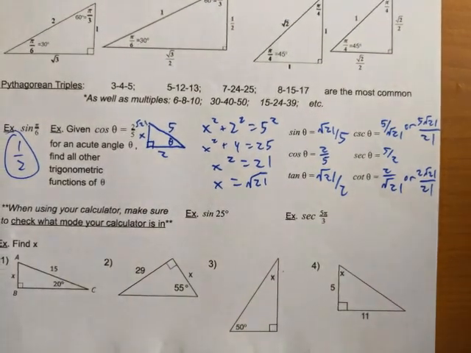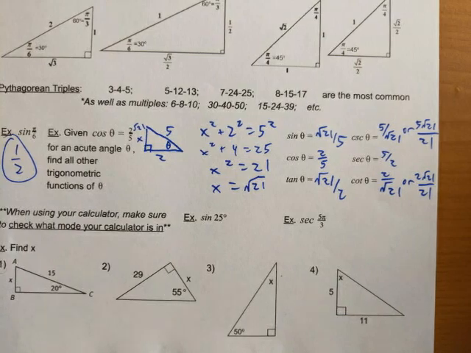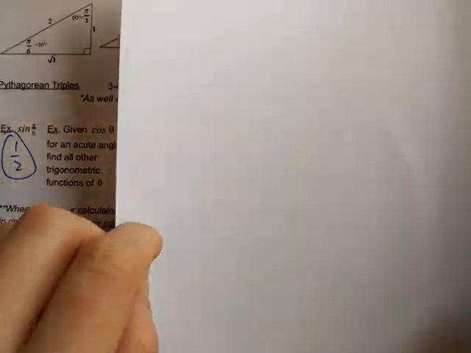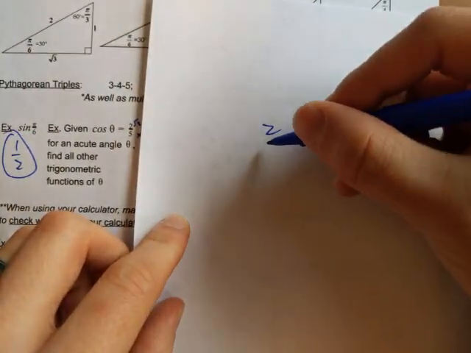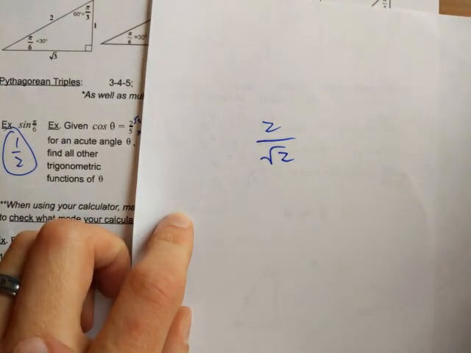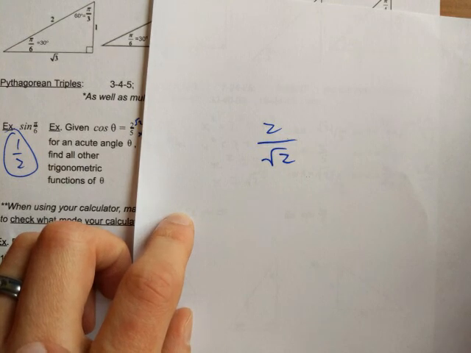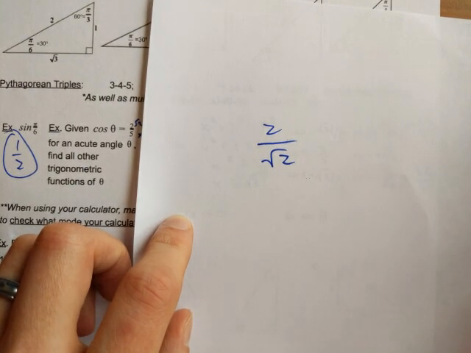The only thing to watch out for is to make sure you know the difference between just rationalizing the denominator and simplifying. So just to give you a quick example here, if you have 2 over the square root of 2, that one actually would not receive full credit, because that's not just a matter of rationalizing the denominator. That one needs to be simplified.